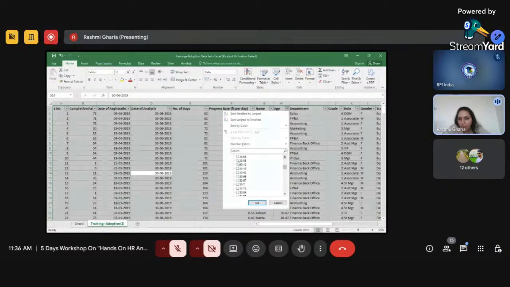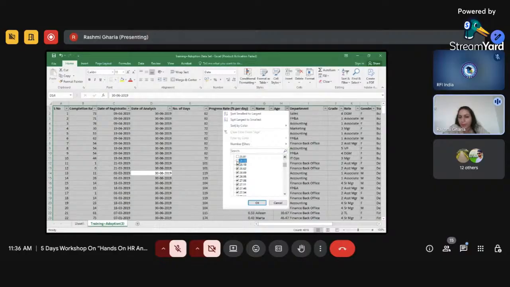I can click on this and apply a filter. Pivot table is one of the best ways to summarize a large amount of data.